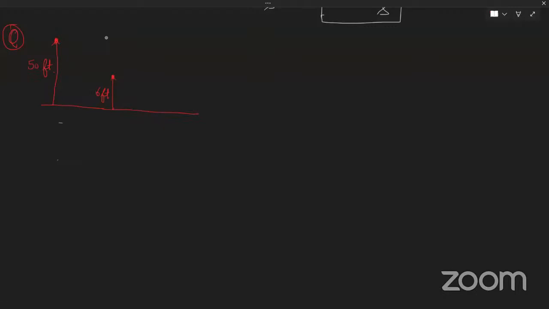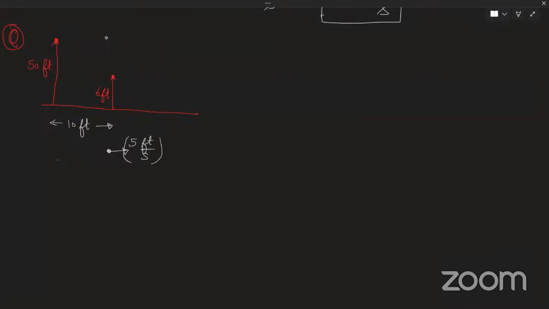At a point, he is 10 feet away from this pole. And he's moving farther away from the pole at, let us assume, 5 feet per second.